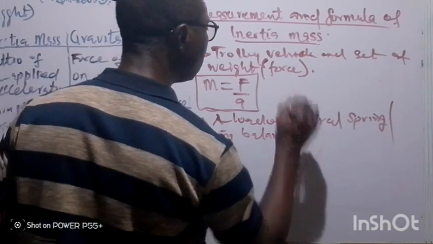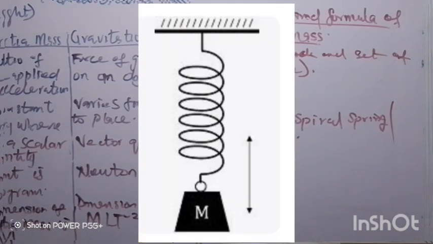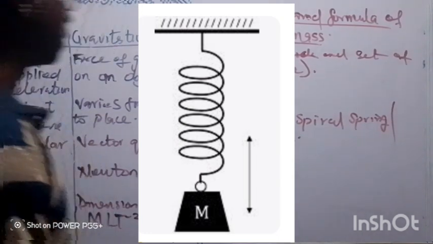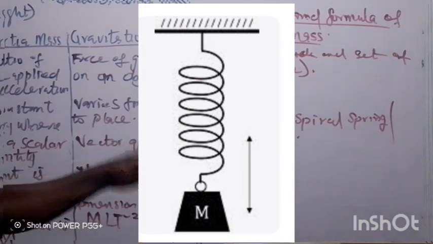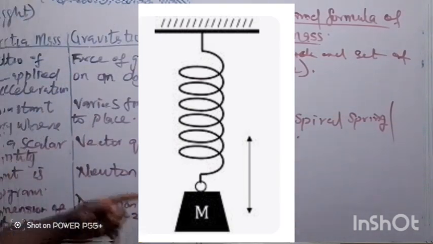to measure inertial mass. And from the screen again, it shows a loaded spiral spring. If you don't forget, we discussed at length on this platform how to use this spiral spring when dealing with simple harmonic motion.